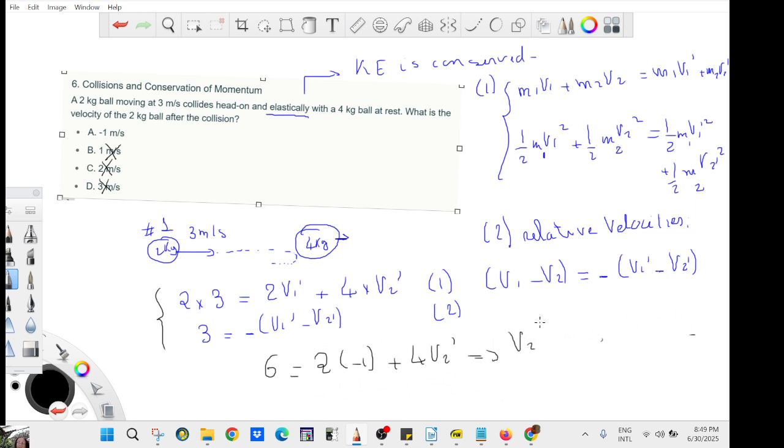So v2 prime will be 8 divided by 4, so it's going to be 2. Let's see if this one is okay. Minus v1 prime is minus minus 1, minus 2, which is 3. So check. The answer is A.